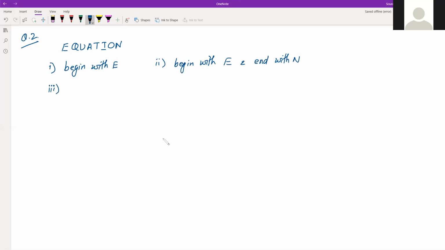The third variation is the words begin and end with a consonant.